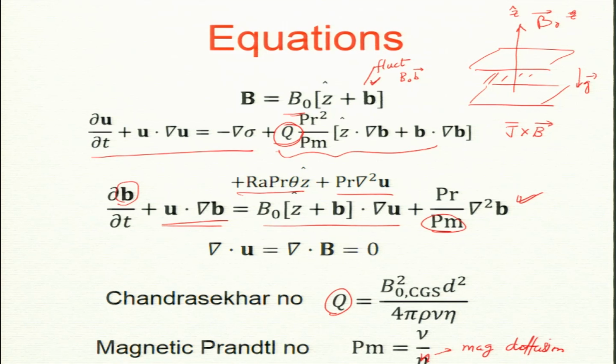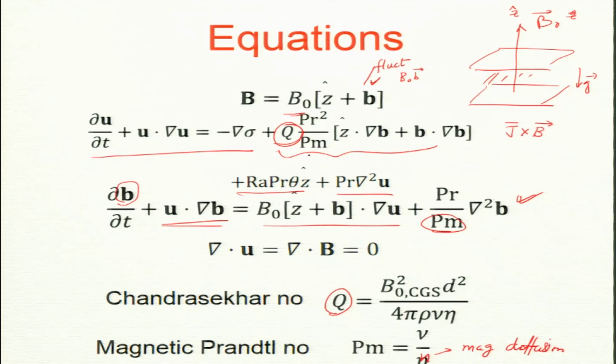Instead of a current carrying conductor, we have current carrying fluid, which is like wires in some sense, and that is experiencing a force. This non-dimensional number Q, Chandrasekhar's number, is given by B naught squared in CGS units, d squared by 4 pi rho nu eta. Rho is the density of the fluid, nu is kinematic viscosity, and eta is the magnetic diffusion.